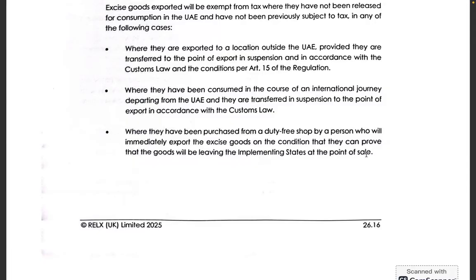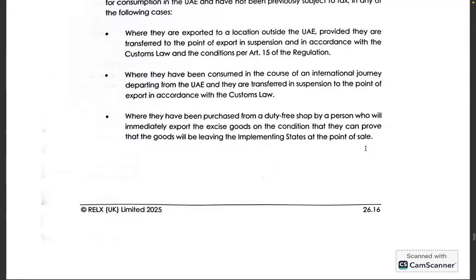So if a person purchases the excise goods from a duty-free shop and immediately exports them, leaving all the implementing states of the GCC which have implemented the excise tax law, then again those goods will be treated as exempt.